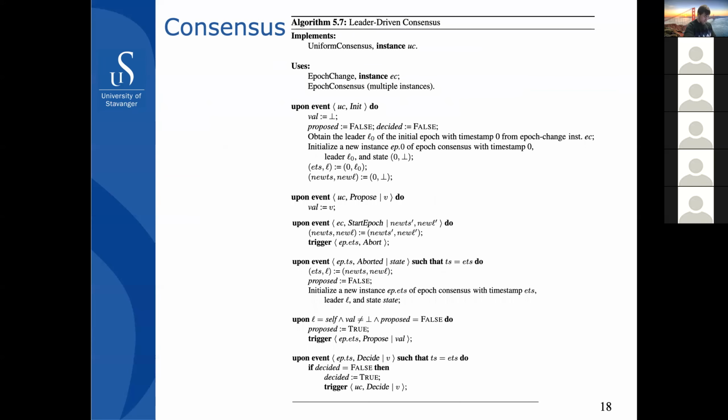Maybe the easiest thing to start with is the abort here. Whenever we get the abort message, we continue to the next round here. It's just written in text here, which is fine for our understanding: this is only progressing to the next round with a new leader and a new state.